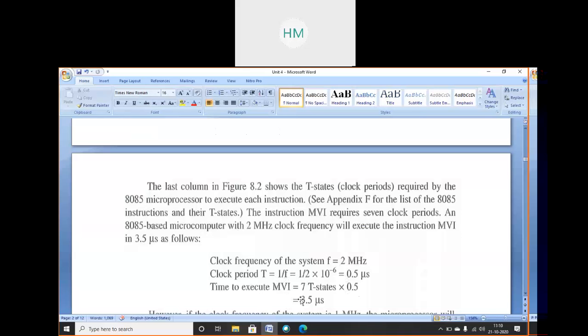This is just to tell you how you will calculate the time required for a particular instruction. So you can write this and we will wind up our class here. Please write down how to calculate the time required to execute one instruction.